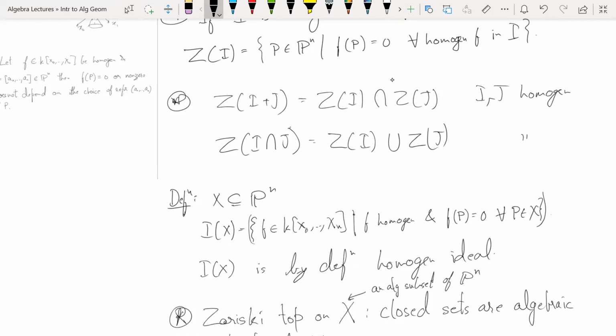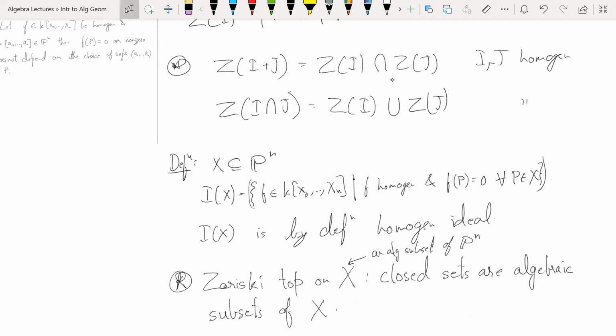So you consider those homogeneous polynomials in K[X0, ..., Xn] such that they vanish at every point of X, and consider the ideal generated by these homogeneous polynomials. So of course, by definition, I(X) is a homogeneous ideal. And so this is the ideal of definition of X.